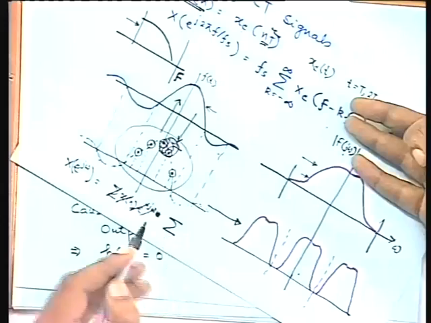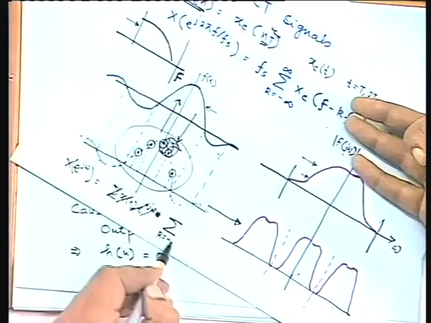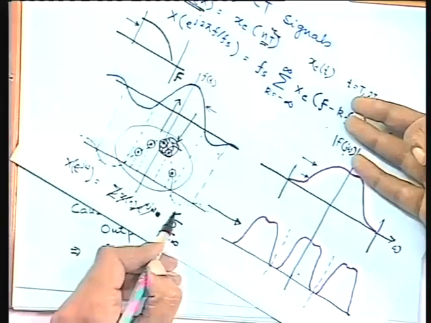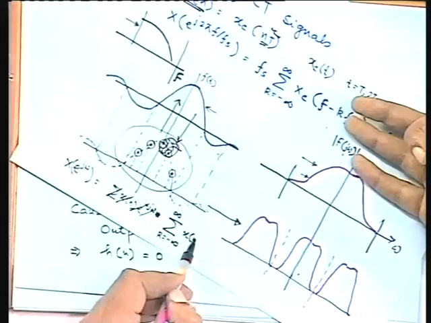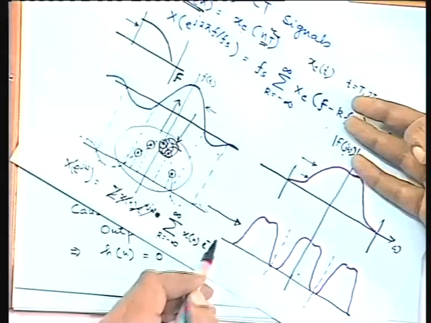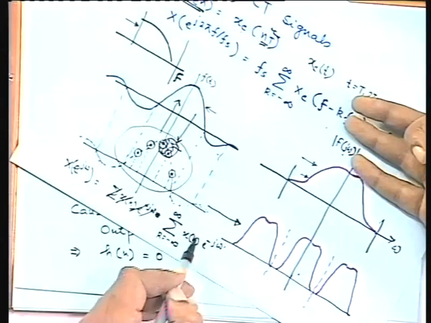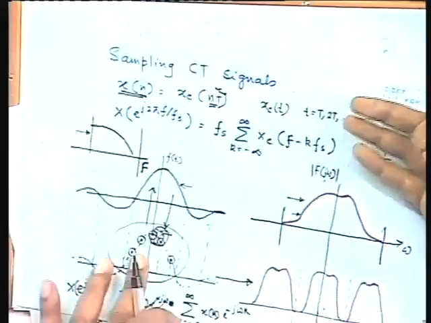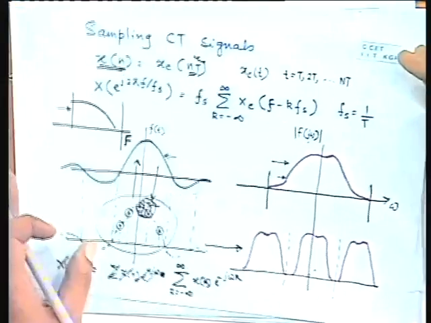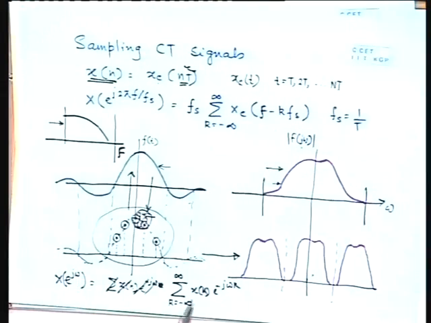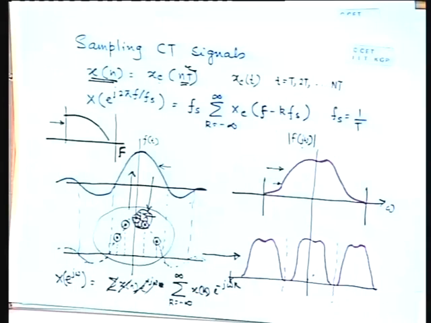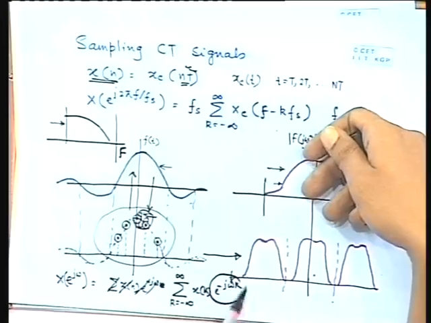It will be sigma k equal to minus infinity to infinity x[k] e to the power minus j omega k. Now, you see this function is necessarily periodic in omega, because e to the power minus j omega k itself is periodic in omega.